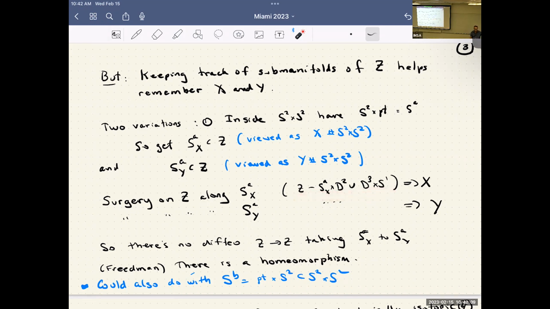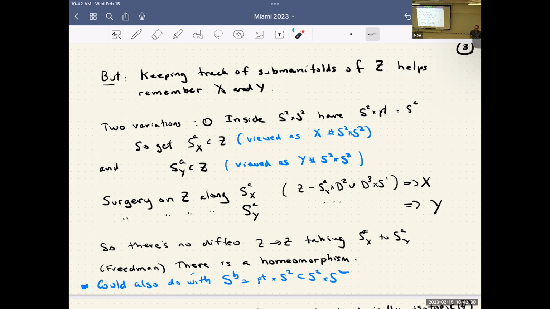If you do that to the one coming from X, you get back to X. If you do it with the one coming from Y, you get back to Y. So those spheres can't be the same. In other words, that extra data, the pair Z comma SX, is different from the pair Z comma SY.